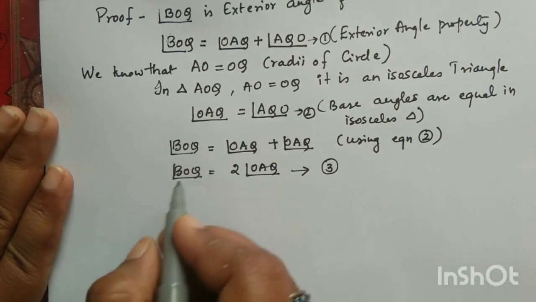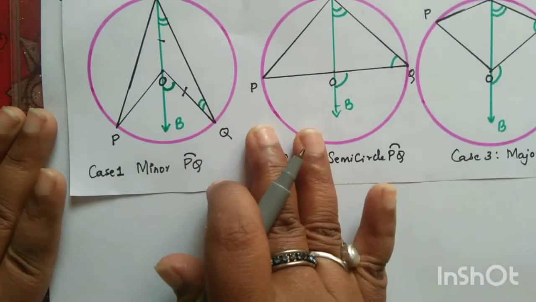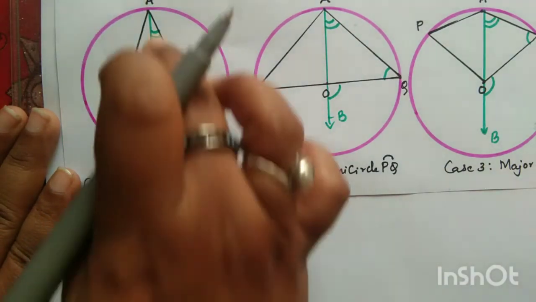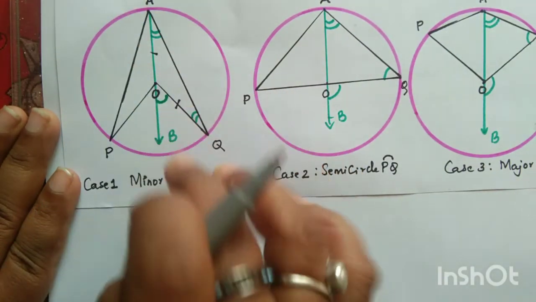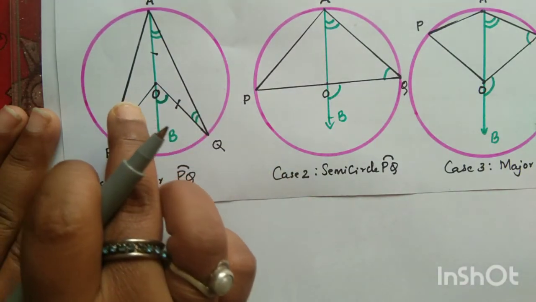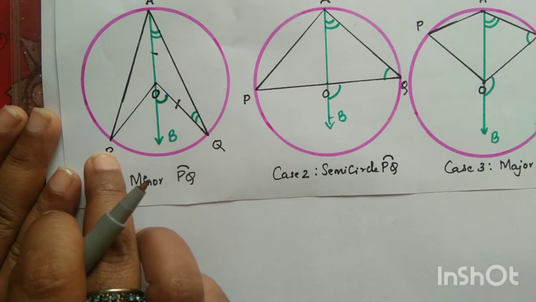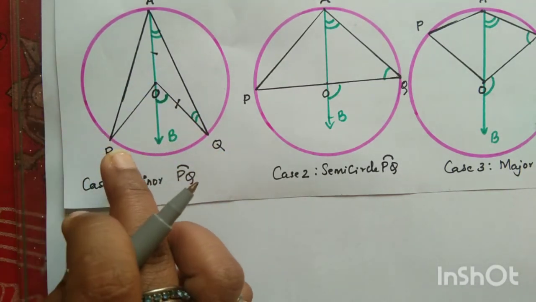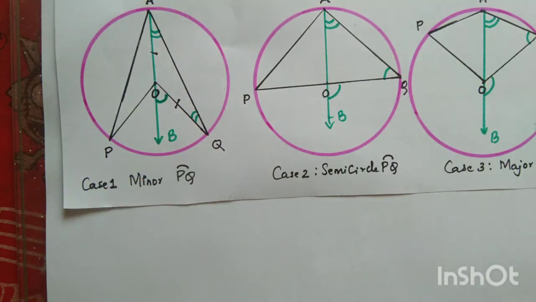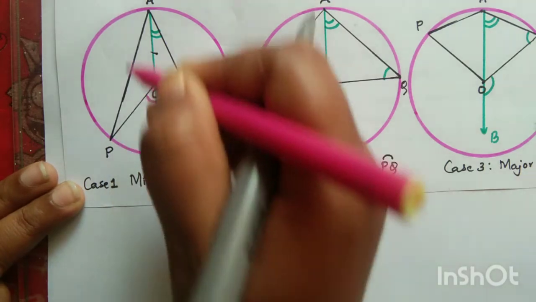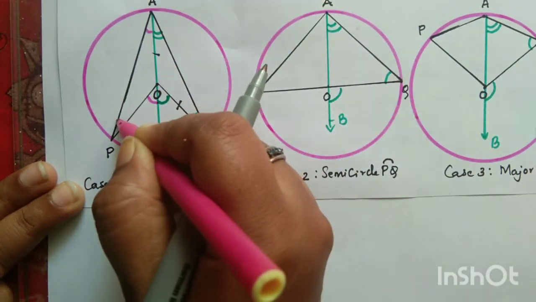Now we can write similarly. You can see here AOQ is a triangle which we have considered and we have shown these two angles are equal. Then the same way you can show the other triangle also. We can show that exterior angle BOP will be equal to these two angles.